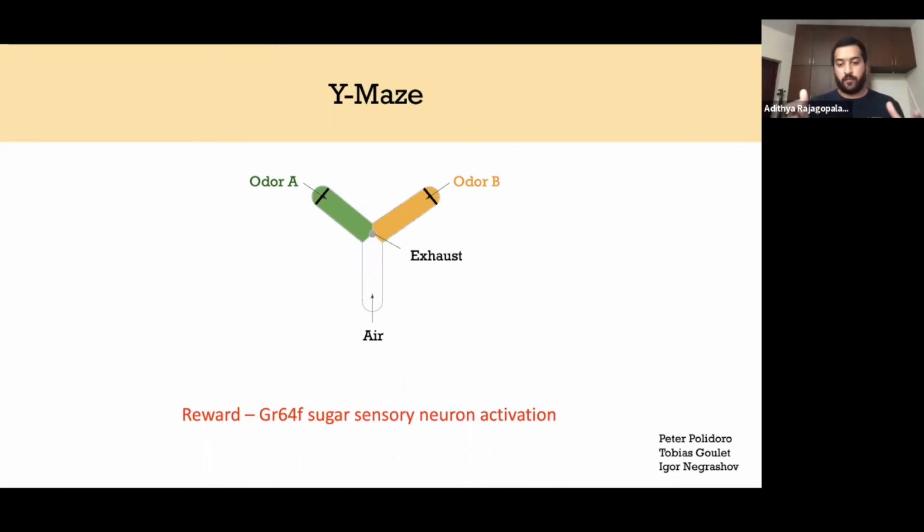If you activate either the dopamine neurons that respond to punishment or the dopamine neurons that respond to reward, you could bypass this error signal because you're just overriding anything and causing the neurons to be active to the same level. And so we wanted to let the natural circuitry do its thing.